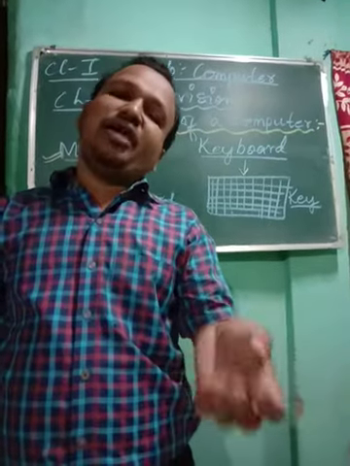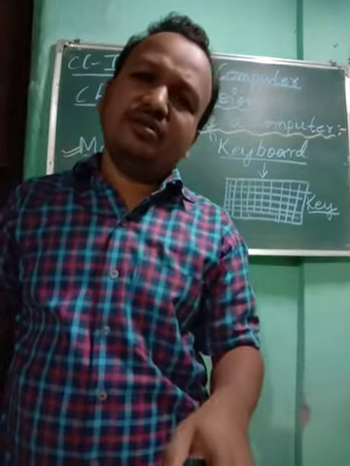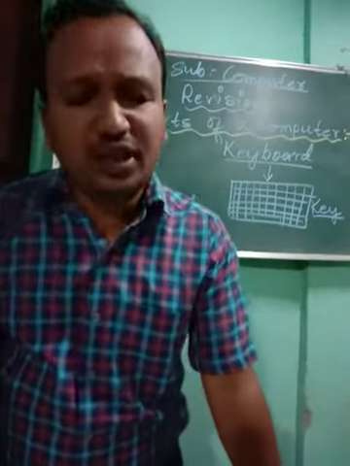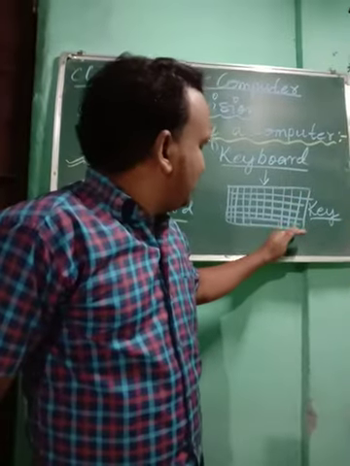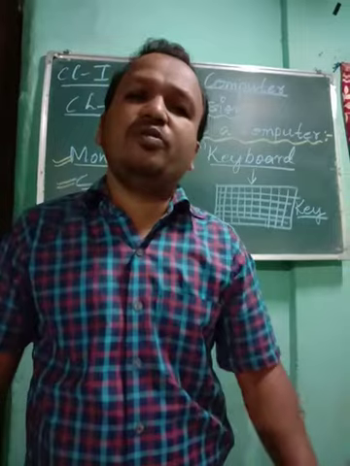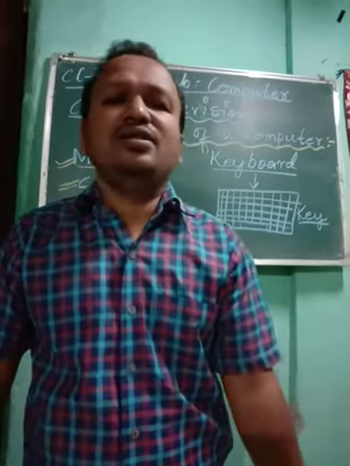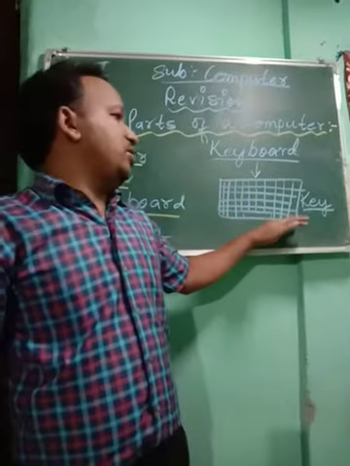Okay, so we can type alphabets, numbers, and every type of sign and punctuation marks. When you use the keyboard, you will find every type of alphabet, numerical, and punctuation marks. Everything has been provided.